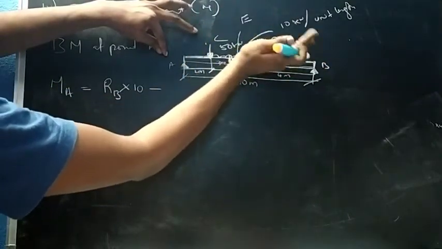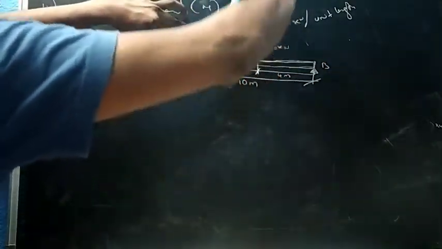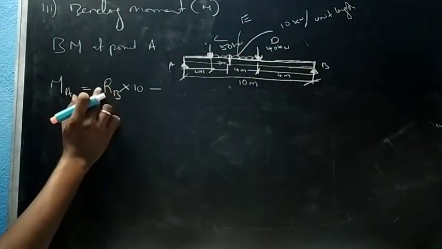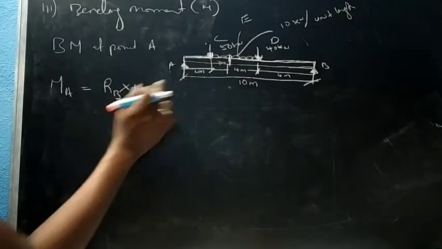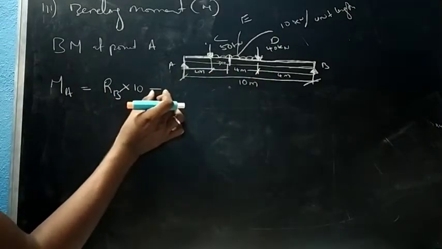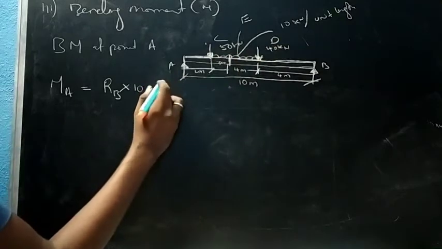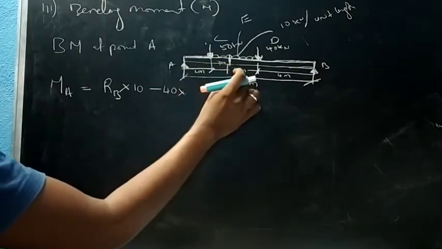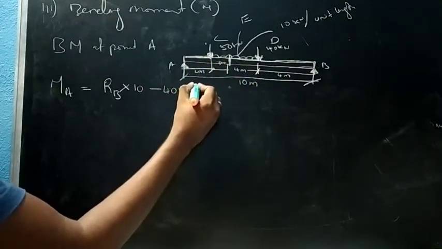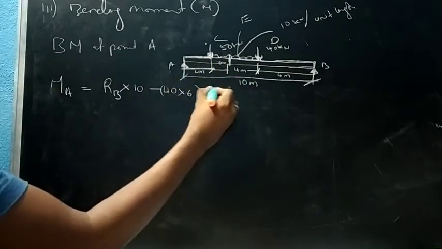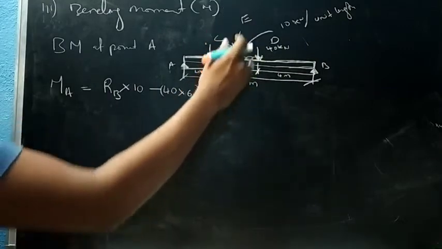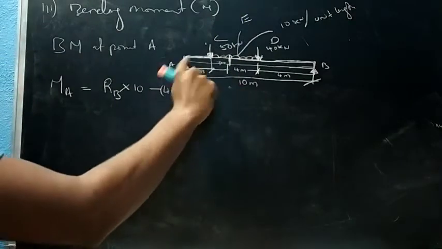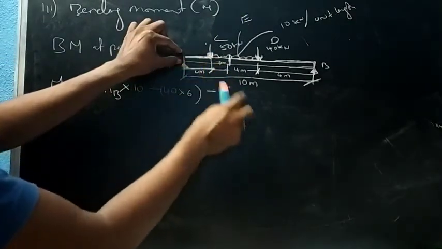trying to bend the beam in upward direction and creating a sagging moment, creating a smile kind of moment. So we take it as positive, into perpendicular distance, that is 10, minus 40 into 2 plus 4, 6 meters, again minus, that is the UDL will also be making this bend and creating a hogging moment like this.